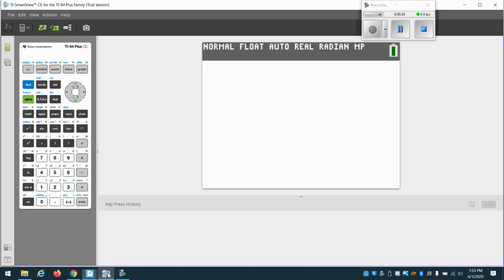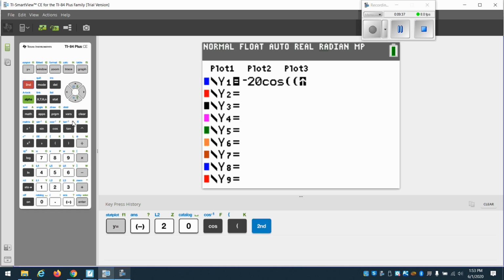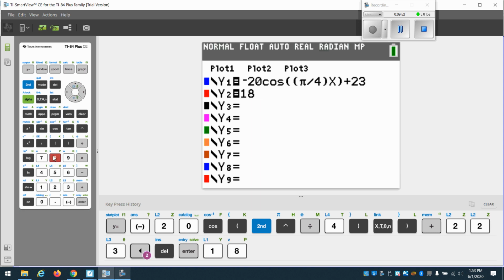Okay, so I'm going to show you my calculator screen. Go to y equals, enter your equation, negative 20 cosine pi over 4 x plus 23. Then y2, you enter 18.